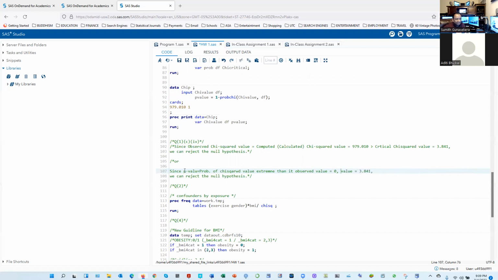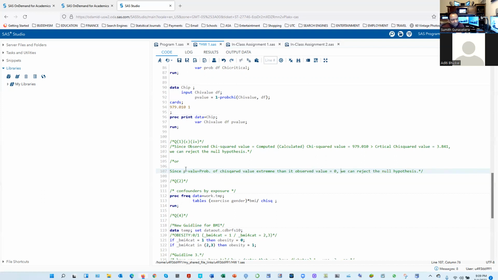We can reject the null hypothesis. The probability that the chi-square value is more extreme is absurdly small.